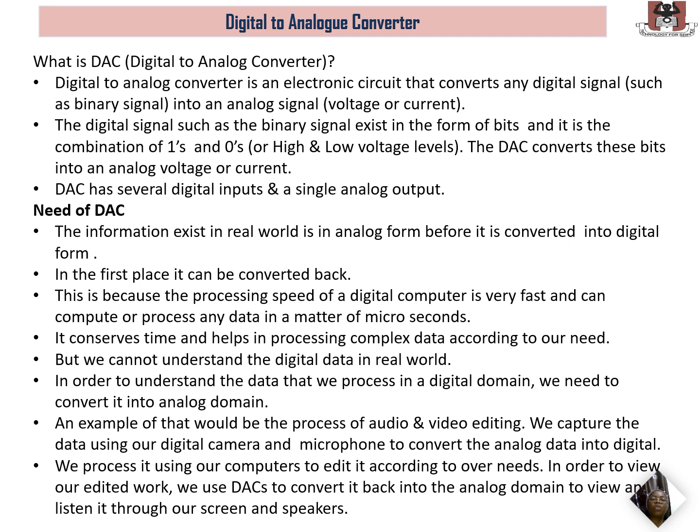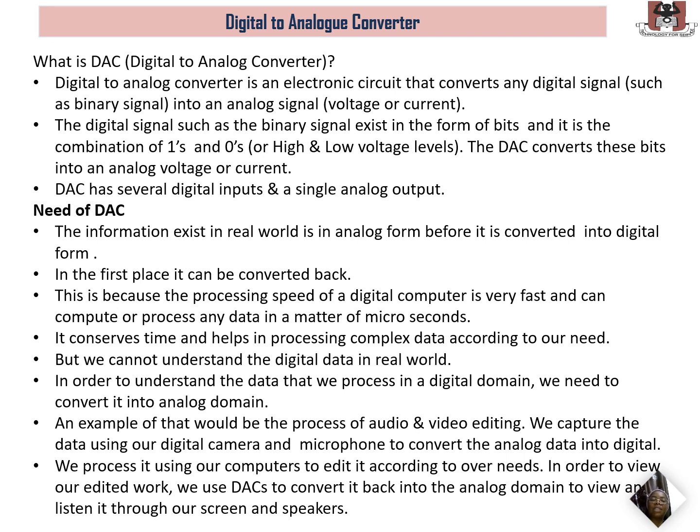Why must we convert? Because the information that exists in the real world is in analog form. It has to be converted to digital form, and afterwards converted back to analog form. This is because the processing speed of a digital computer is very fast and it can process any data in a matter of microseconds.